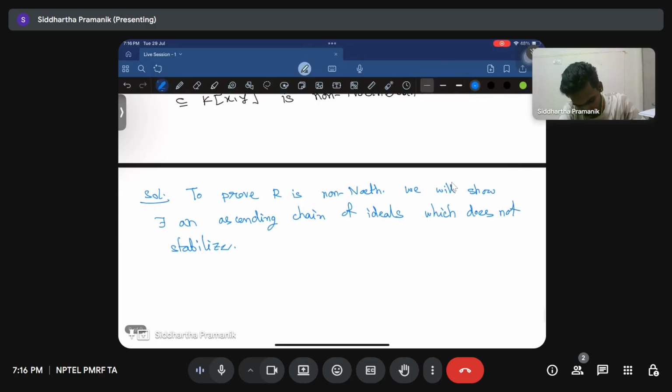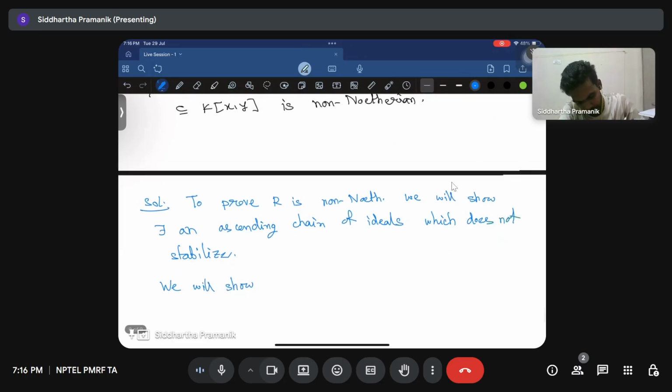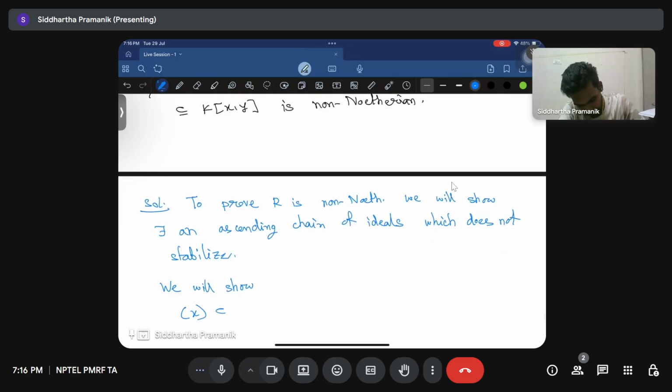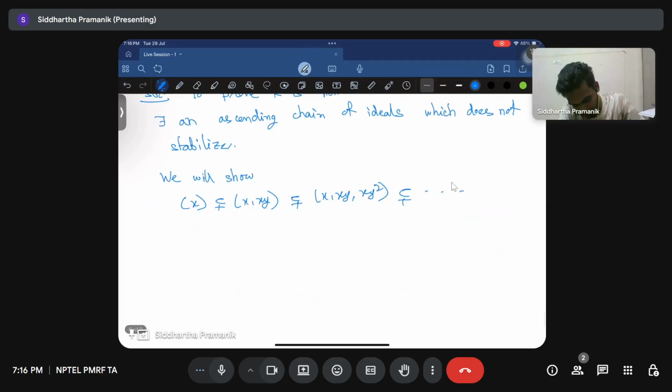We will show that the ideal generated by x, proper subset of the ideal generated by x, xy, proper subset of the ideal generated by x, xy squared, and so on, is an ascending chain which does not stabilize.